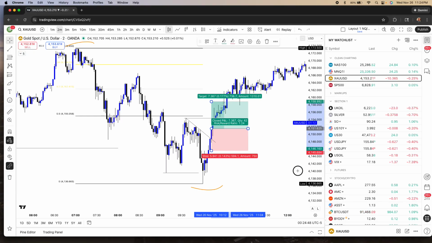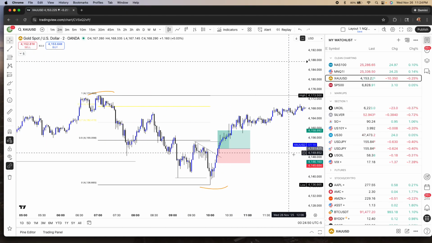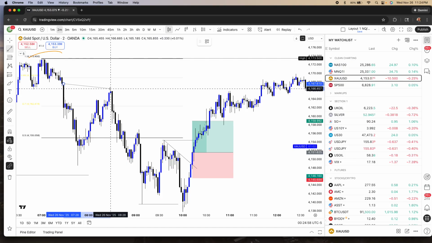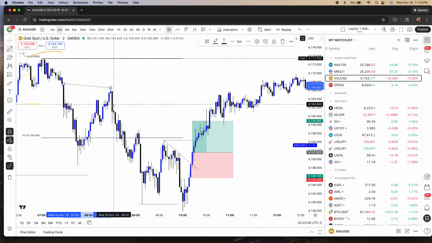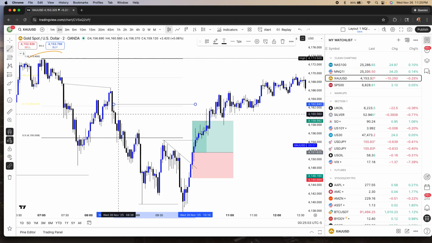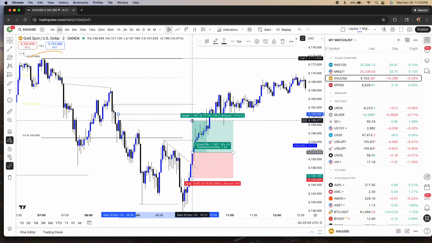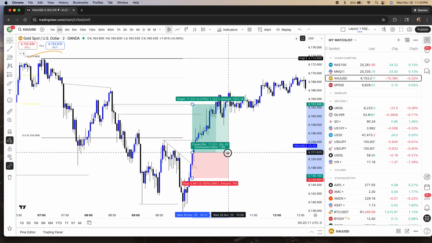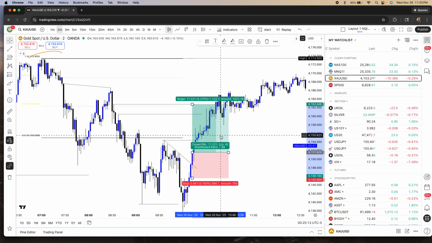So at the very least, if I was to take this in the morning, I would look to target some type of point of liquidity, which would be right up here, right here, or even this high. So it would not be far within that region because we're already 50% deep into that range. So at max, I probably would have held it for 1.8.